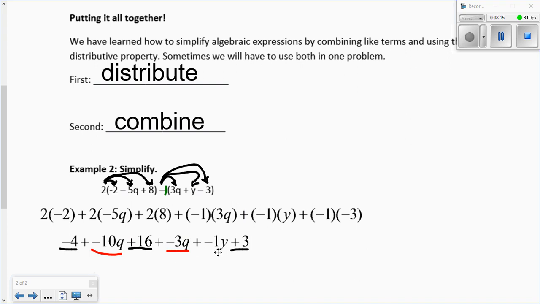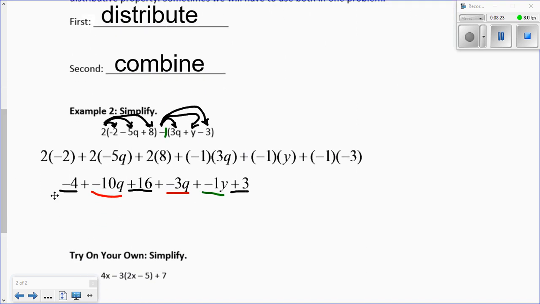And finally, I just have this one lone negative 1y that can't be combined with anything, but I need to remember to put it at the end. So now I'm going to combine my like terms. Negative 4 plus 16 gives me 12, plus 3 gives me 15. Negative 10 plus negative 3 gives me negative 13q. And then I've got the negative 1y. So once I combine my like terms, these are my new terms.